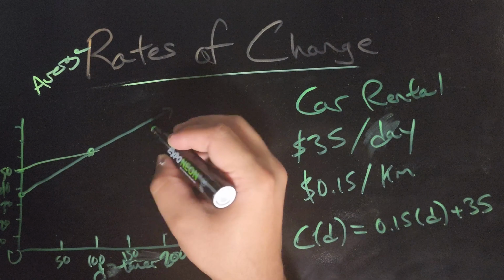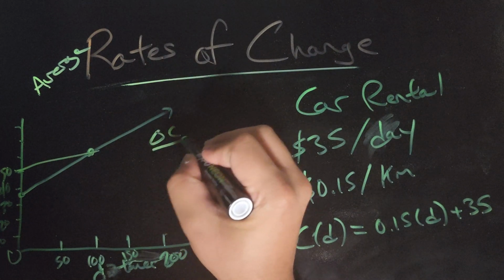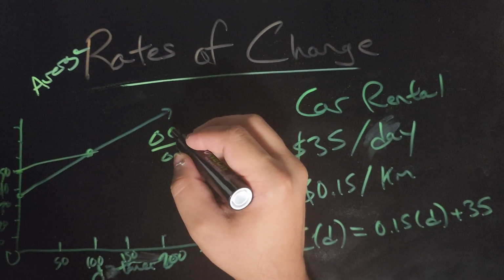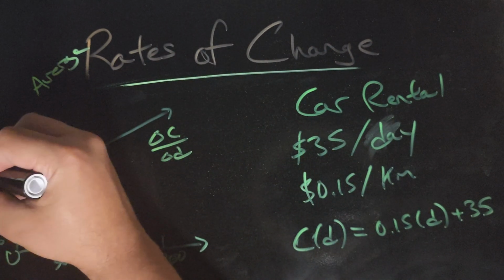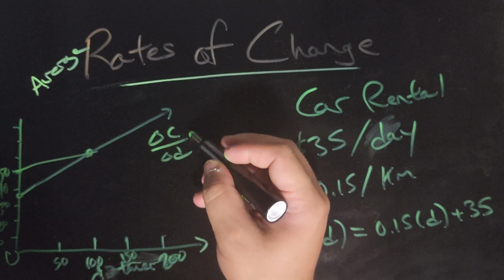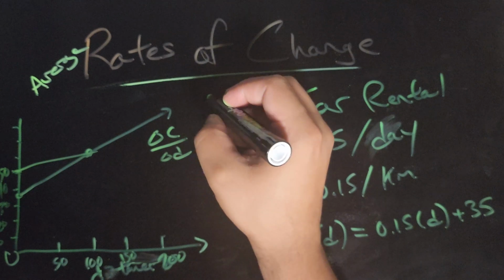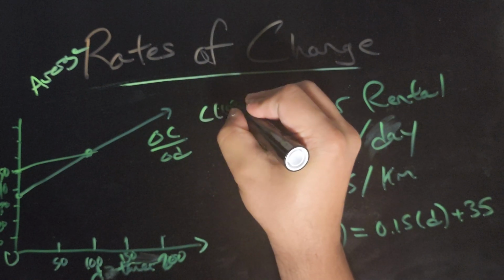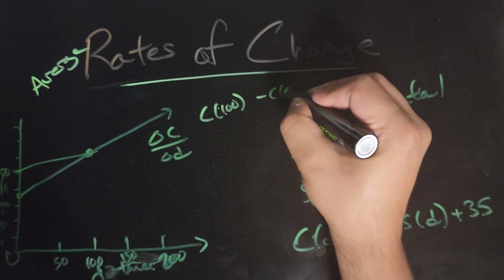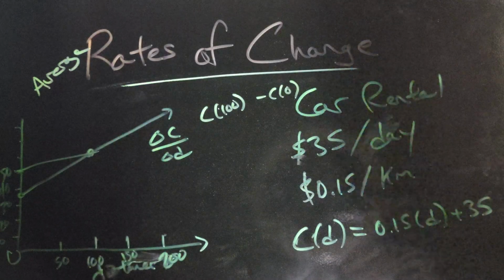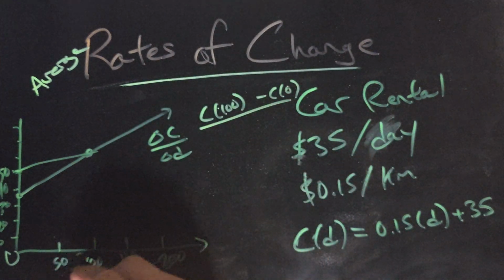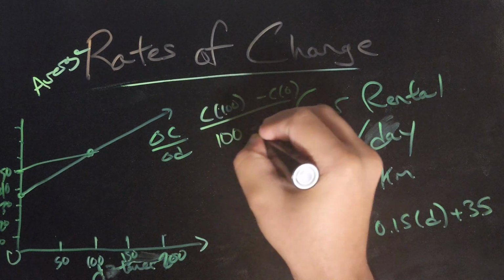And then you were to plug it into the formula delta C over delta D, delta being the change, C being the cost, the charge at 100. So C at 100 minus C at 0, over the change 100 to 0.